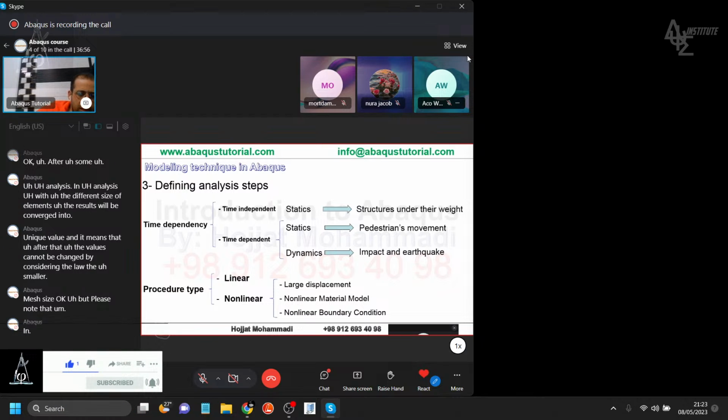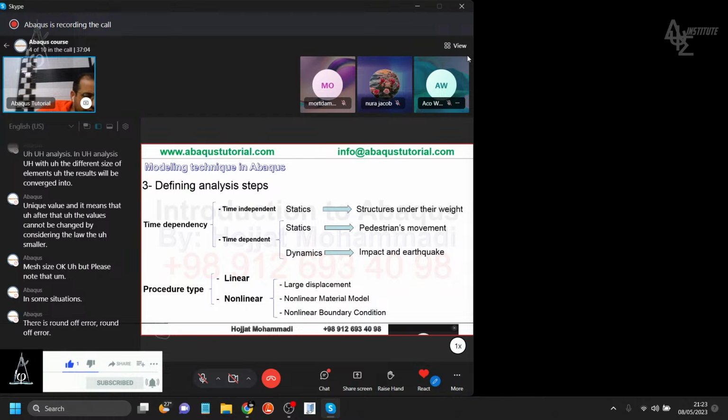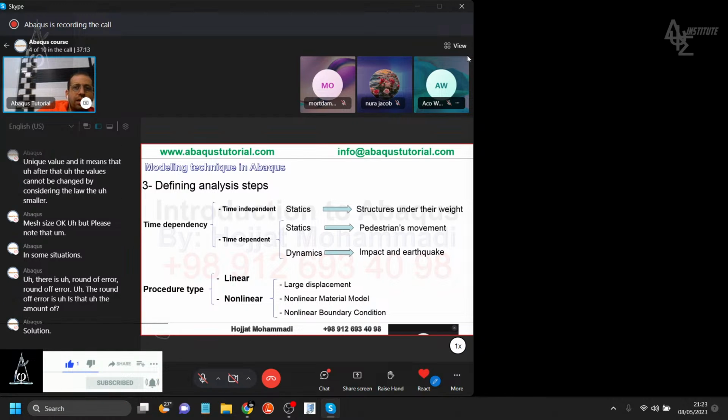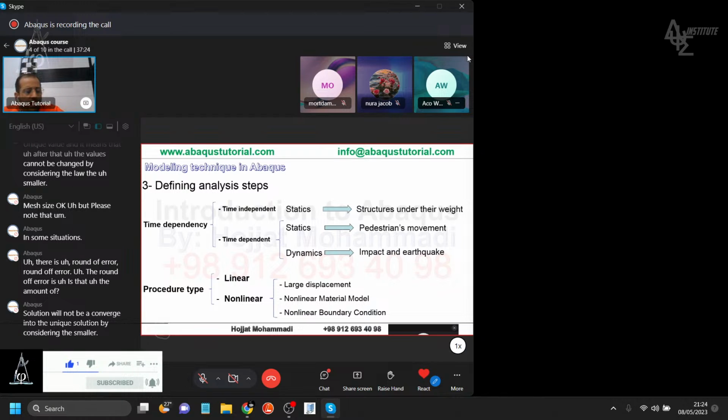Okay, but please note that in some situations there is a round of error. The round of error is that the amount of solution will not be converged into a unique solution by considering the smaller element size.